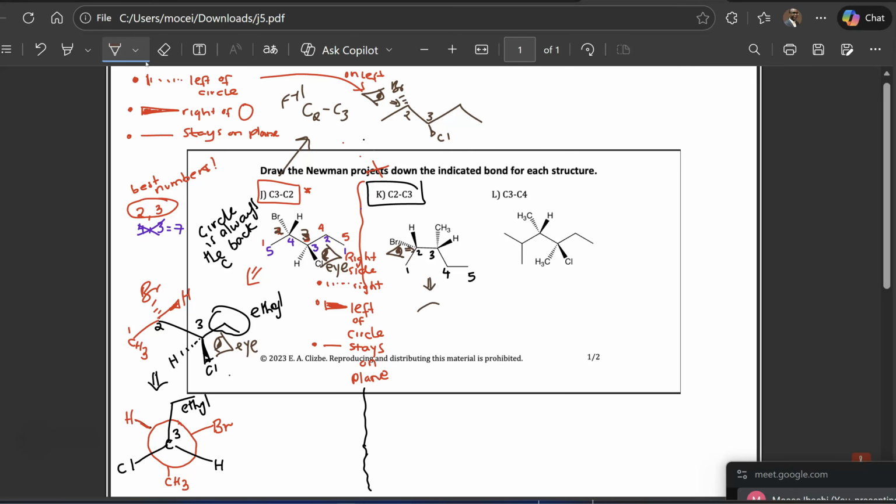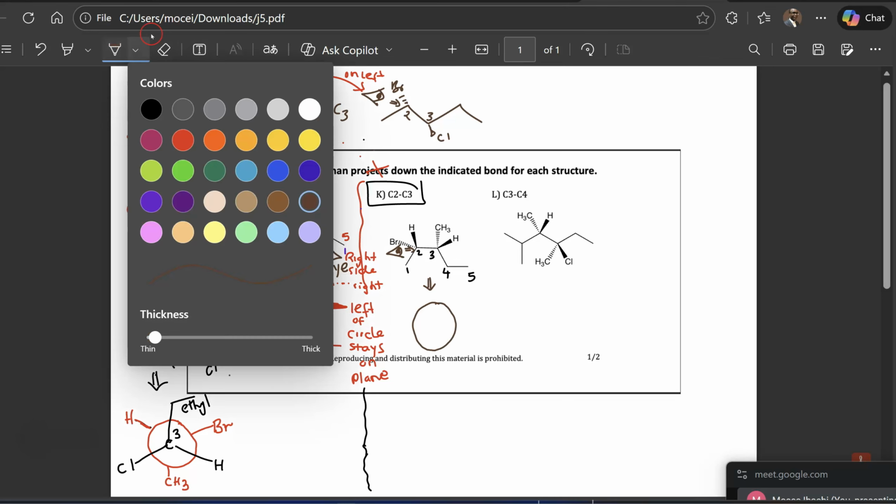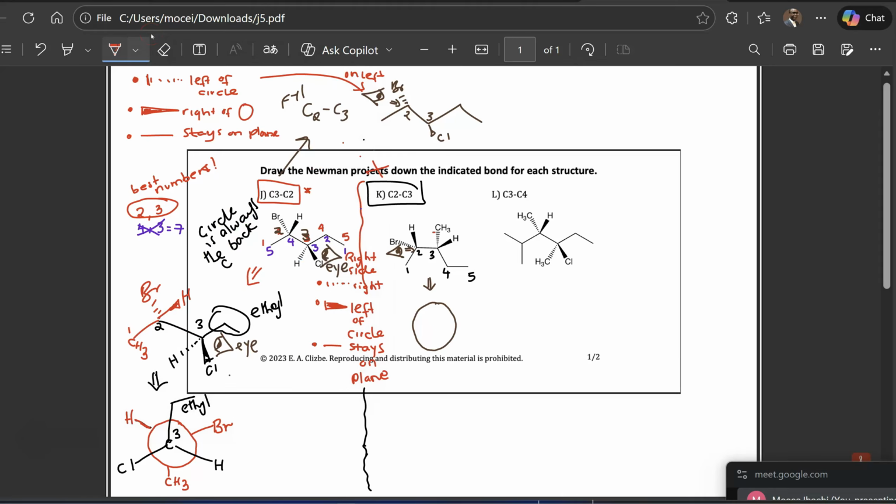So in this case, the back carbon is going to be this 3. 3. Yeah. Yep. So let's start with the back carbon.